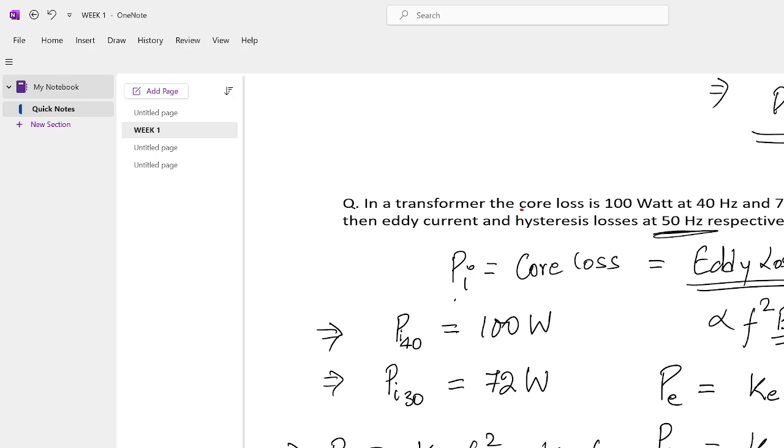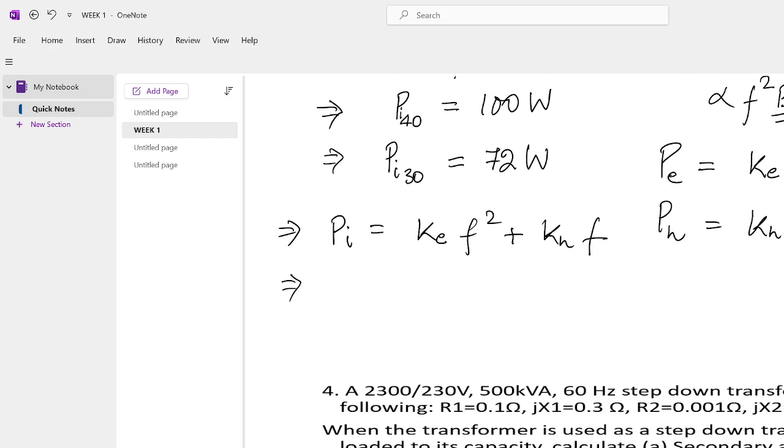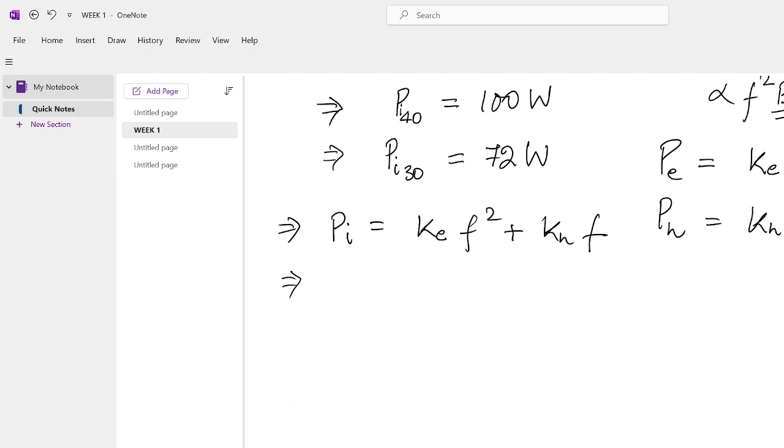So when frequency is 40 hertz, we have 100 watt equals Ke into 40 square plus Kh into 40.